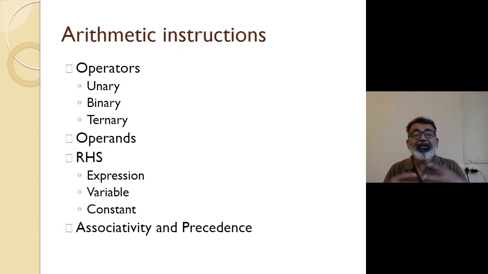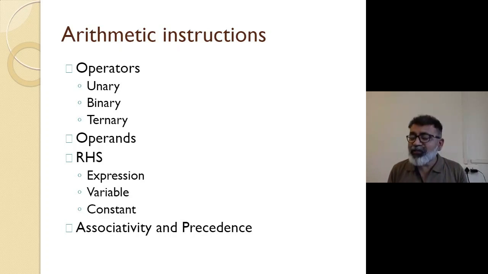In C, each operator has a predefined associativity, so whether the expression is solved from left to right or right to left depends upon the operator. And precedence is there. What is precedence? Precedence is priority, to which operator priority is given.